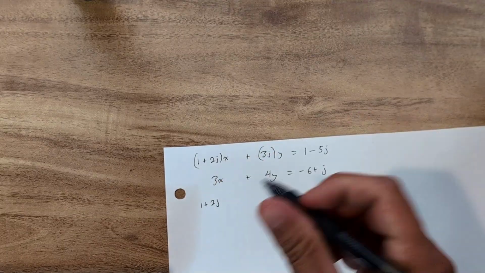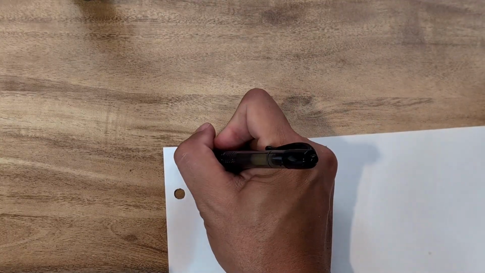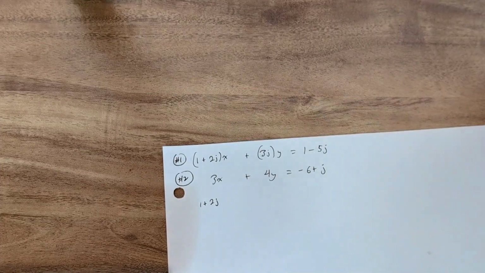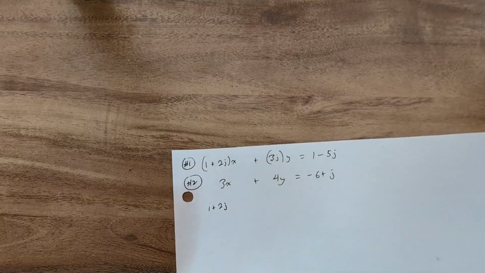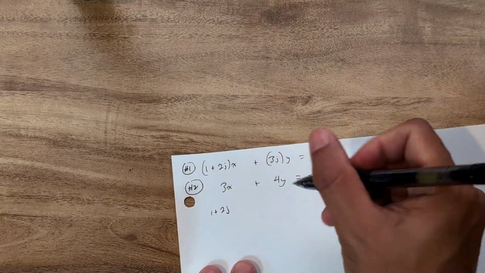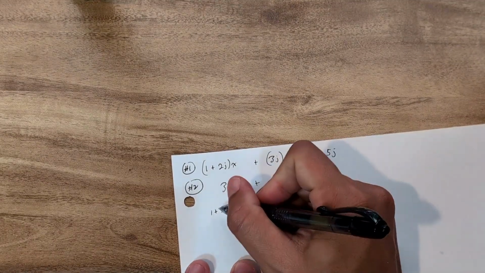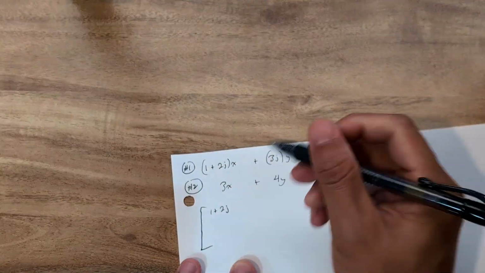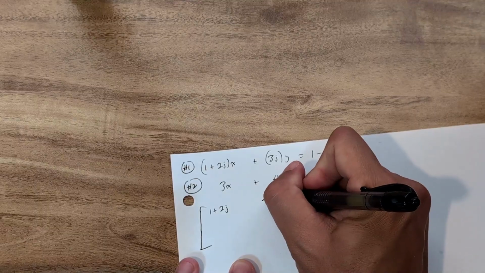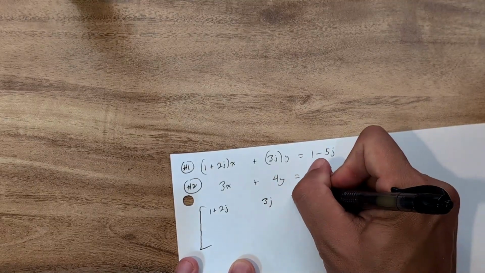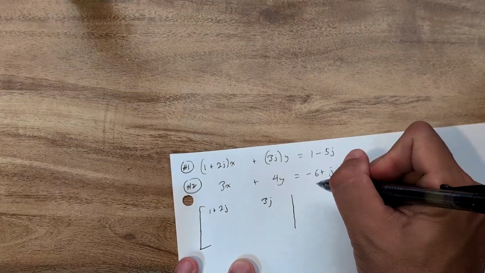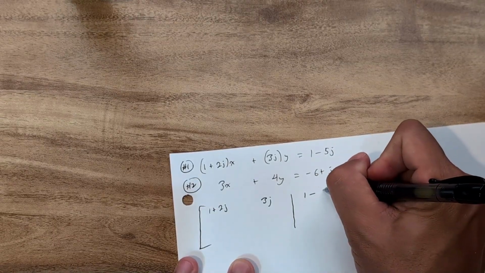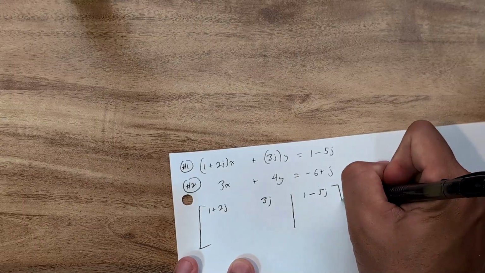So your first equation, this is equation number 1 obviously, and then equation number 2. Your first equation is going to be 1 plus 2j on the first row, first column. And then the second row is going to be 3j, and then for the third column, it's going to be 5j, still in the first row.